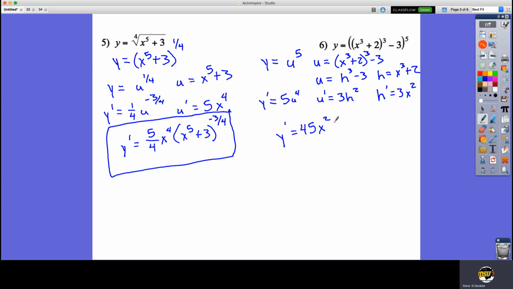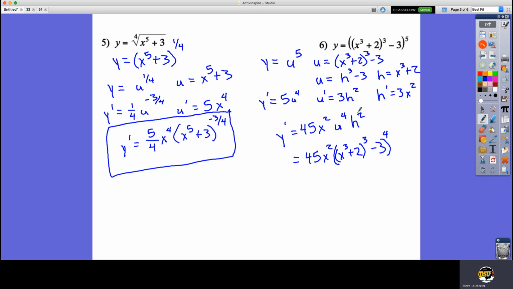And then I come back here and I deal with the u and the h. So this would be 45x squared times, if we look up at our original, our u is our bigger one here. So we've got x cubed plus 2, that all cubed, minus 3, raised to the 4th power.